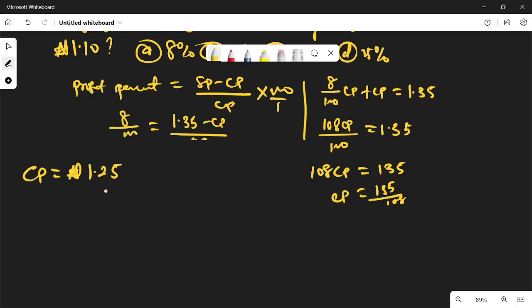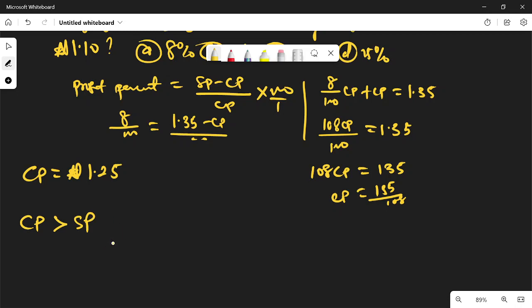So if the cost price is 1.25 and the selling price is 1.1, that means the selling price is smaller than the cost price. That means it's going to be a percentage loss. Since the cost price is greater than the selling price, it's going to be a percentage loss.